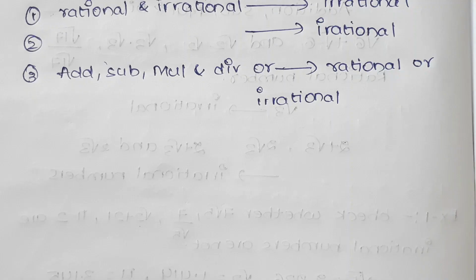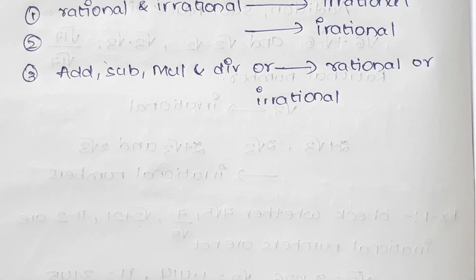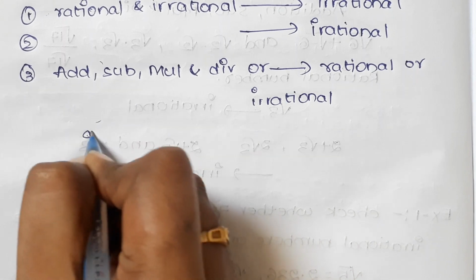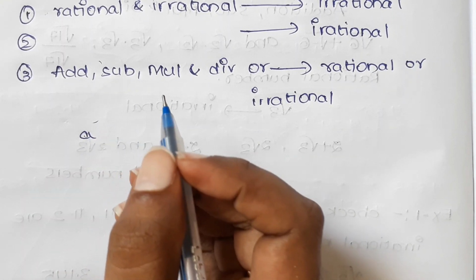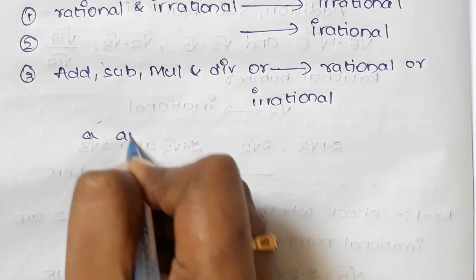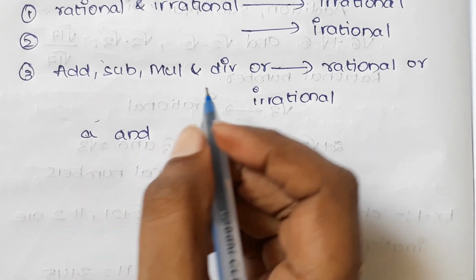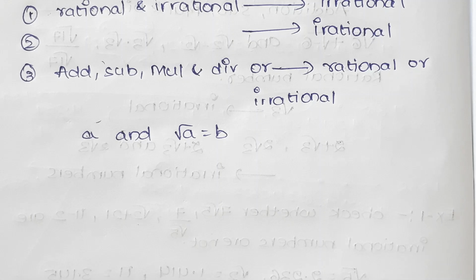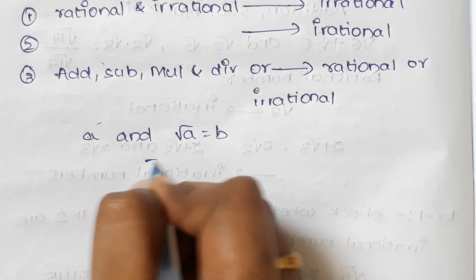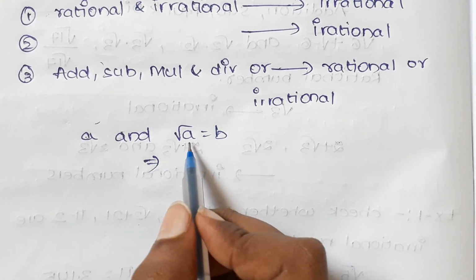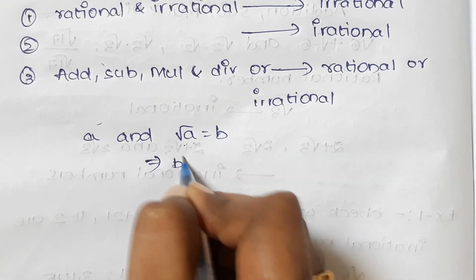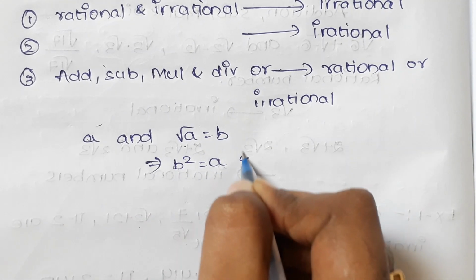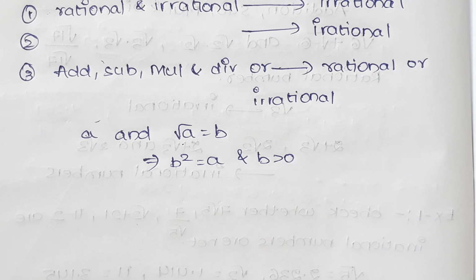And now let us see the operation of taking square roots of real numbers. Suppose a is a natural number and root a equals b. Then b square equals a and b is greater than 0.